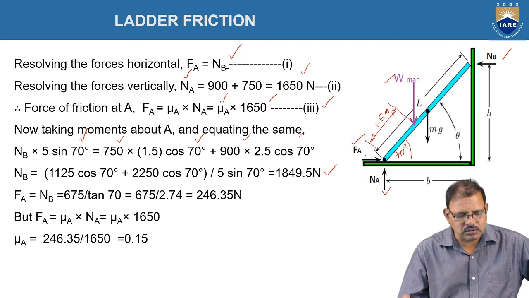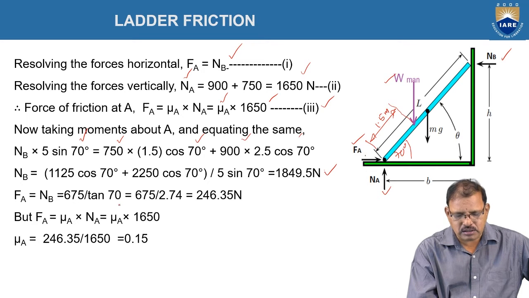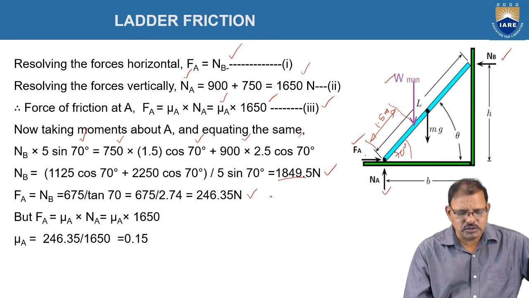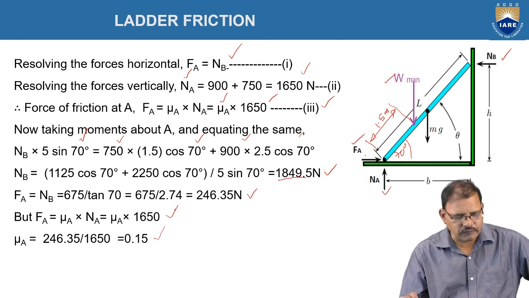Now Fa is equal to Nb, here Nb is equal to 675 divided by tan 70, which is equal to 246.35. But Fa is equal to mu A Na, which is mu A into 1650, equal to 246.35. So mu A is 246.35 divided by 1650, which is equal to 0.15.